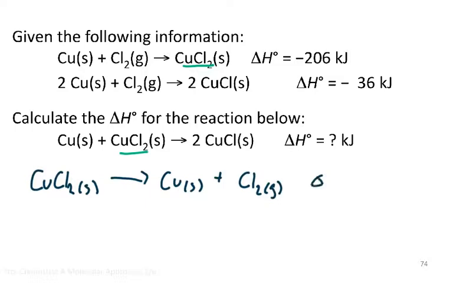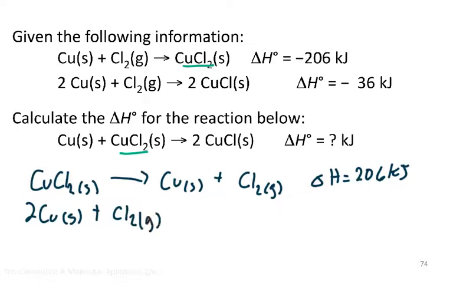I reverse that reaction, so my delta H becomes a positive 206 kilojoules. Then my second reaction I want to keep as it is. 2 copper plus Cl2 goes to 2 copper 1 chlorides. So my delta H stays the same.